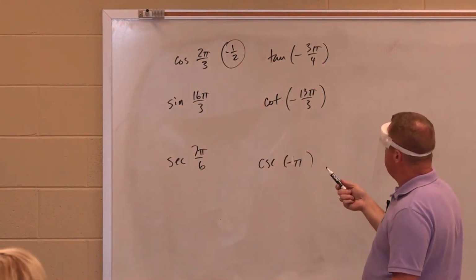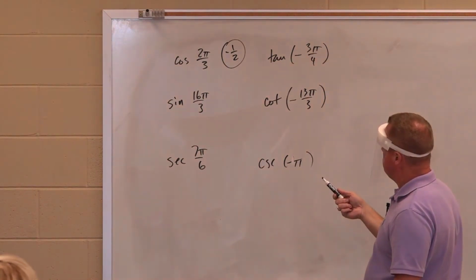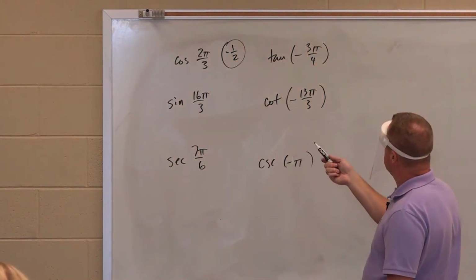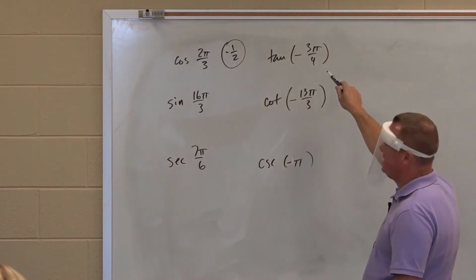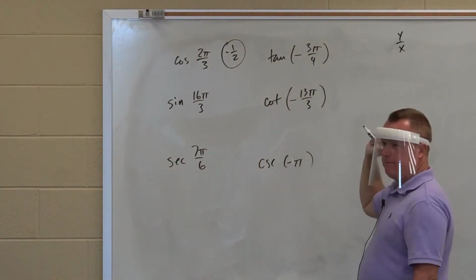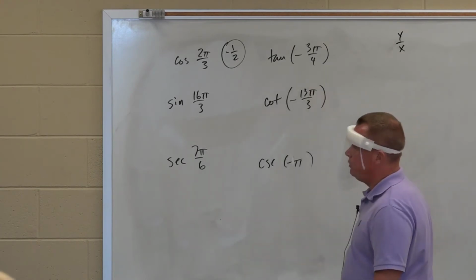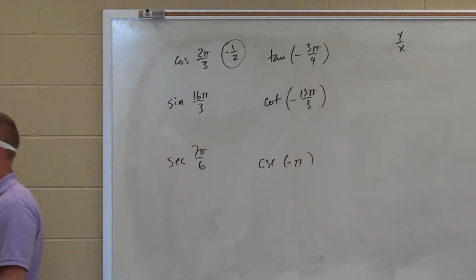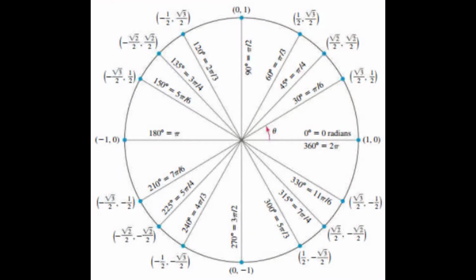Let's do the tangent one. Tangent, remember, is y over x. Negative 3 pi over 4. So this would be in the clockwise direction. If I start here, this would be negative 1 pi over 4, negative 2 pi over 4, negative 3 pi over 4.